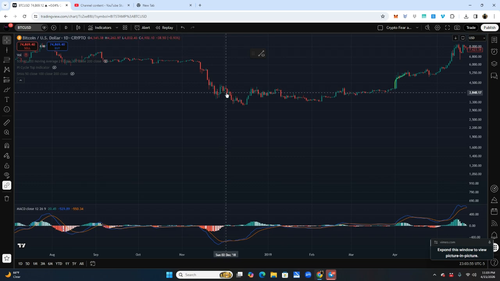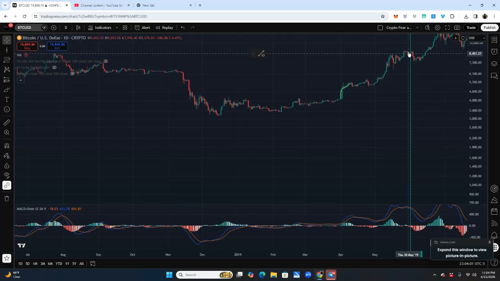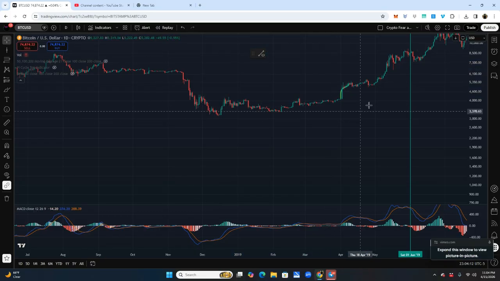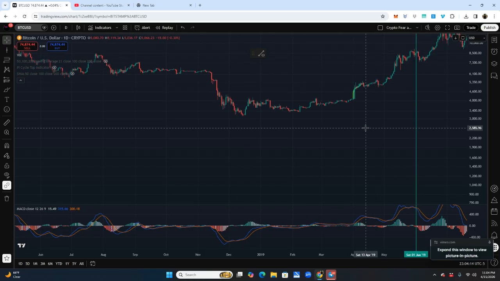However, if you would have bought here, you still would have been in better shape than waiting for the monthly and buying way up here. Right? So you would have bought here, even though price would have went down a little bit, but you would have made 130% more than waiting for this crossover here.